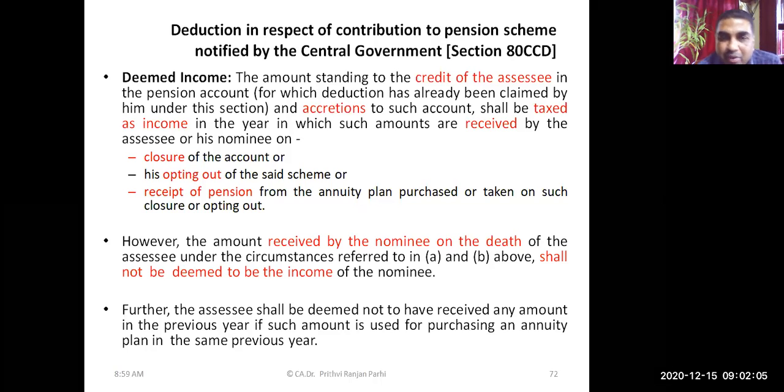But if compensation is received by the nominee on death of the assessee, then that amount shall not be deemed to be the income of the nominee. In other situations, except death of the assessee, if the person is opting out of the scheme, or on closure of the account, all such money received will be treated as income of the assessee and will be taxable.